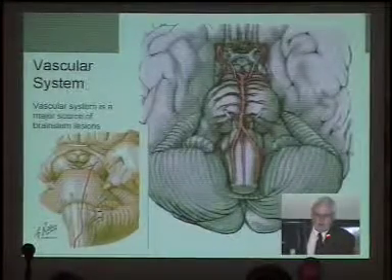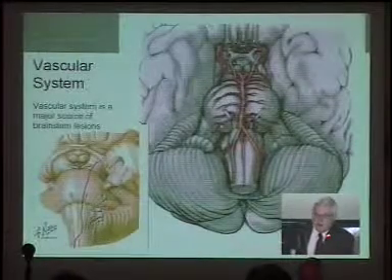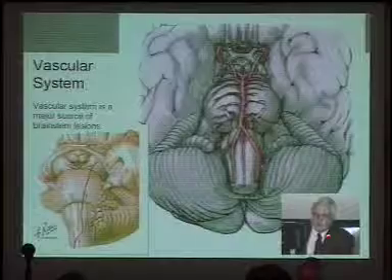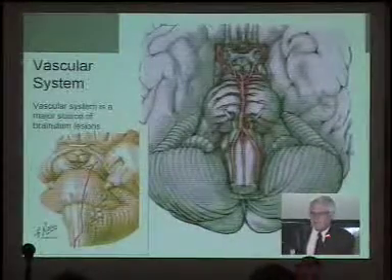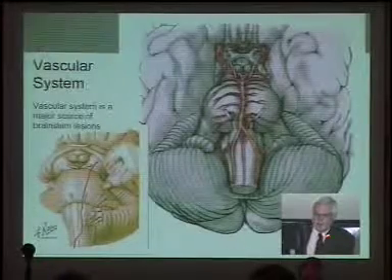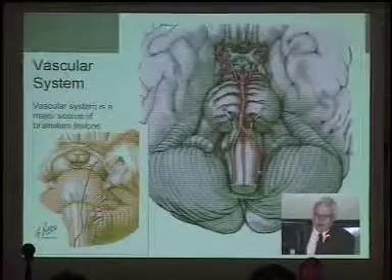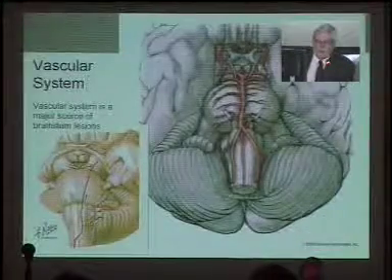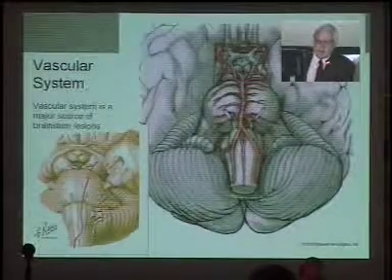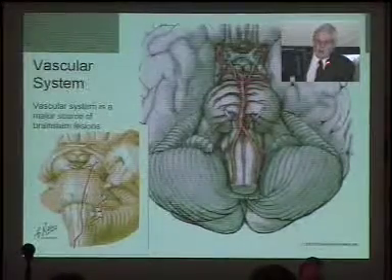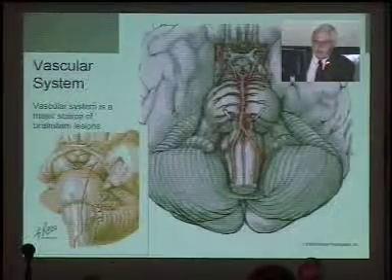Okay, now you can see here those cerebellar tonsils I talked about earlier. If you have increased intracranial pressure and the foramen magnum is right here, this part of the brain is compressed and will compress the medulla, compromising the blood supply and shutting down the respiratory and cardiovascular centers in the brainstem.